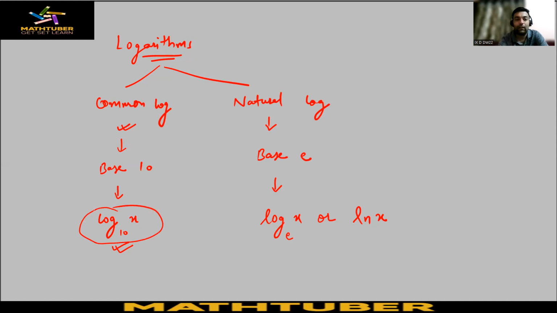So now let's talk about some of the properties here. Suppose there is a number a raised to power n equal to b, then you can write this in the form of log, which is log b with base a is equal to n.